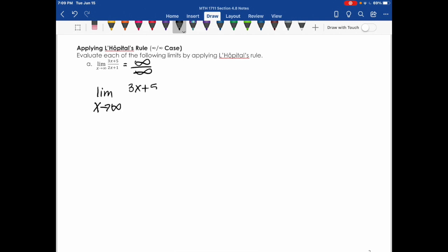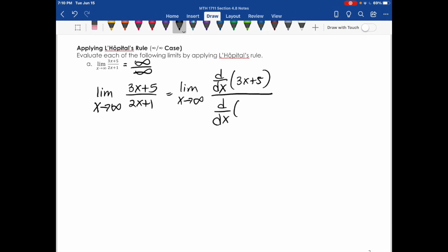So I can say that the limit as x approaches infinity of 3x plus 5 over 2x plus 1 is equal to the limit as x approaches infinity of the derivative with respect to x of 3x plus 5 over the derivative with respect to x of 2x plus 1.